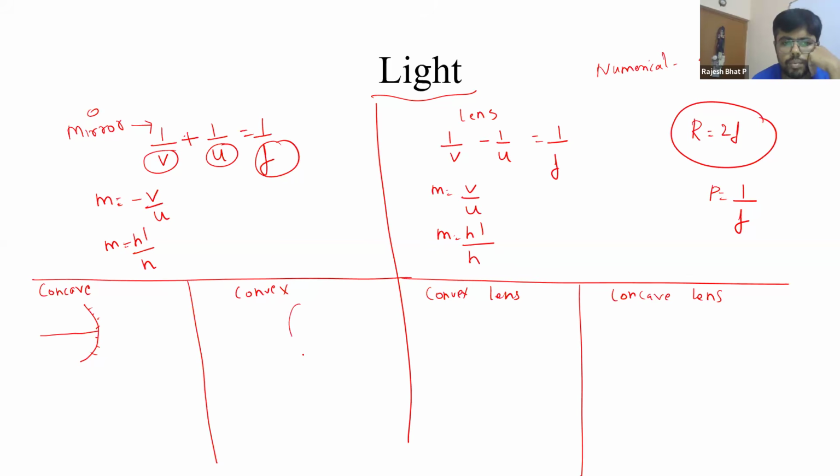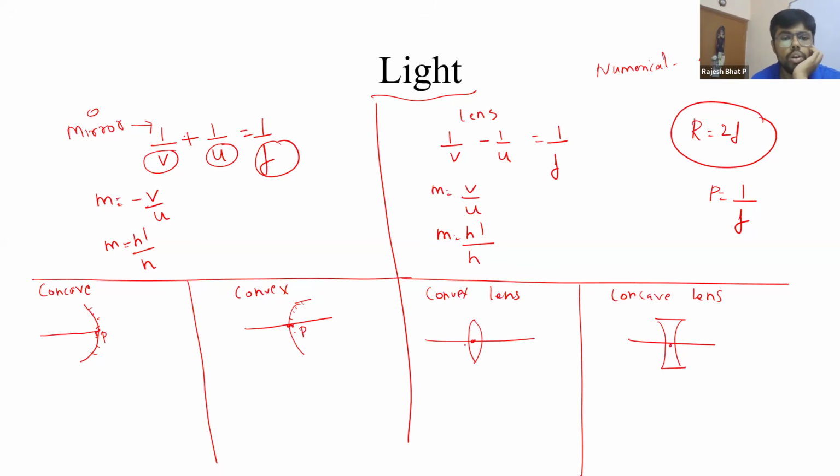So now, this is the diagram. For this, what is the diagram? This is the diagram. Now, let us understand a few things. Consider this point here, this point here, this point here, and this point. What is this point here? It is called the pole.